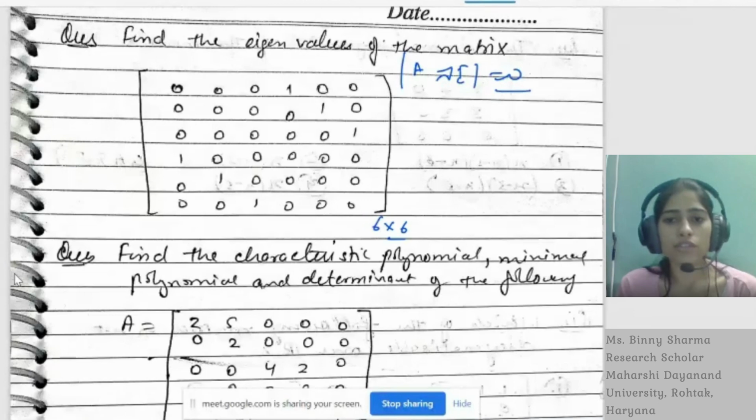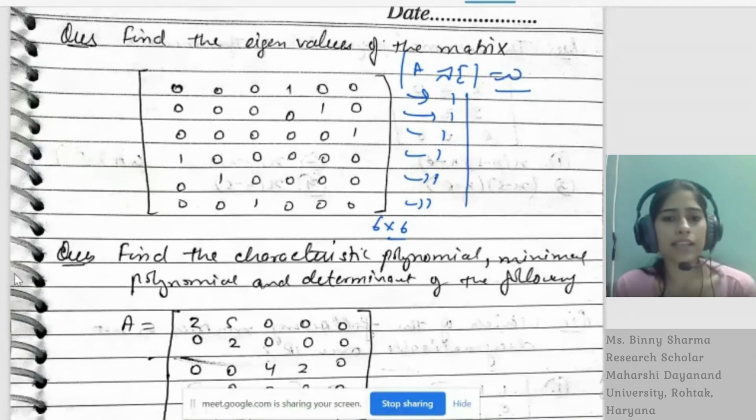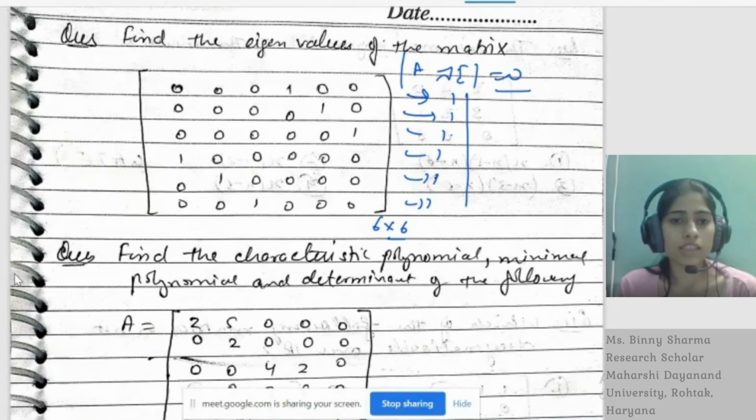First thing we observe, the sum of each row is 1. The second thing is this is a symmetric matrix, Aij equals Aji for all i and j.